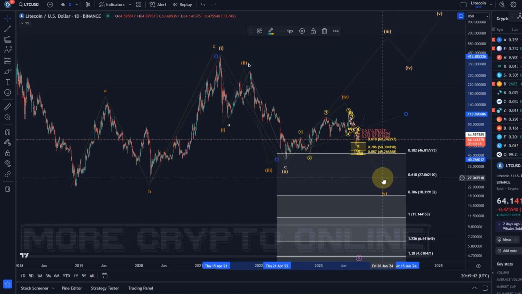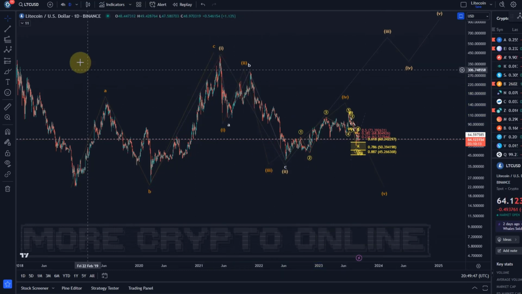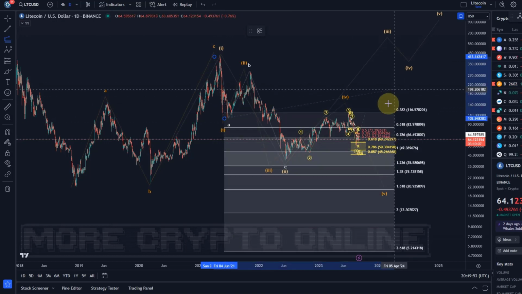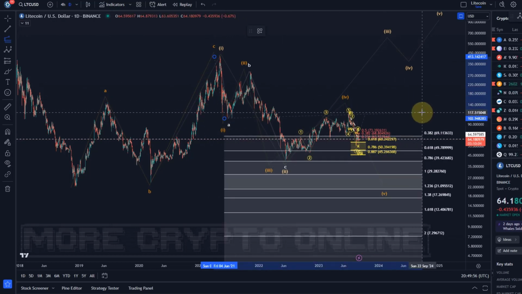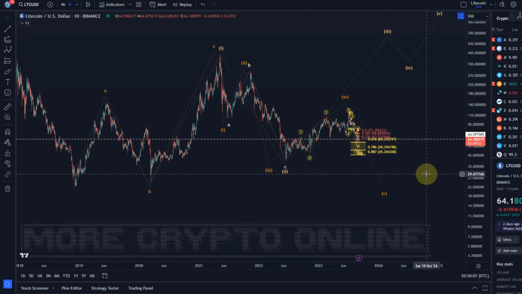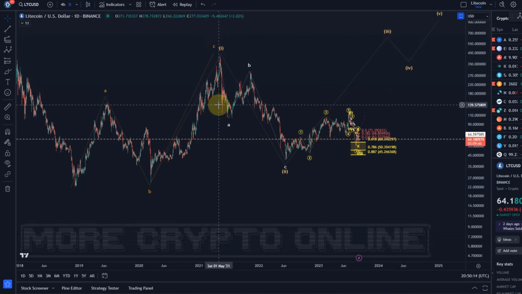That's one way of measuring target, the 61.8 fib extension, measuring the length of waves 1 through 3, or taking the length of just wave 1. That would take us to $28. So there's a lot of confluence around $28, $27. Just be aware of that. This scenario will come into play if price breaks below $50. So that's key. Let's call it 48 to 50.